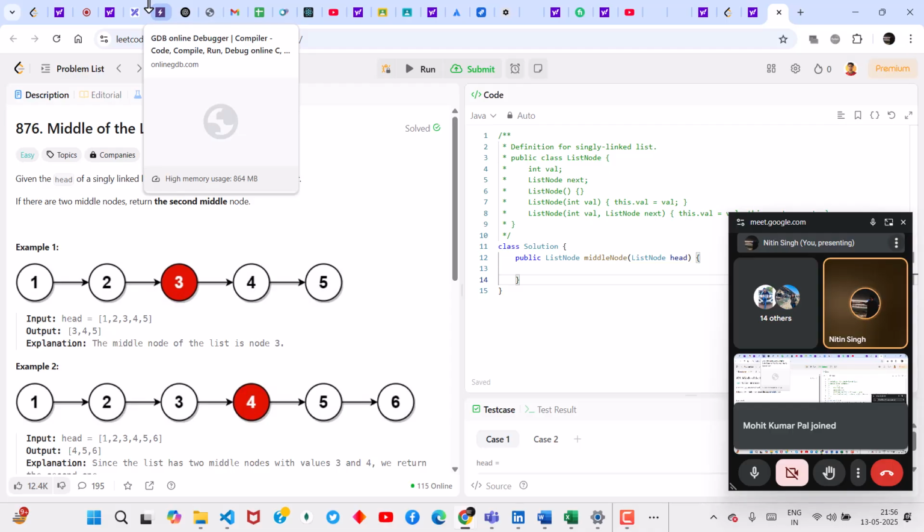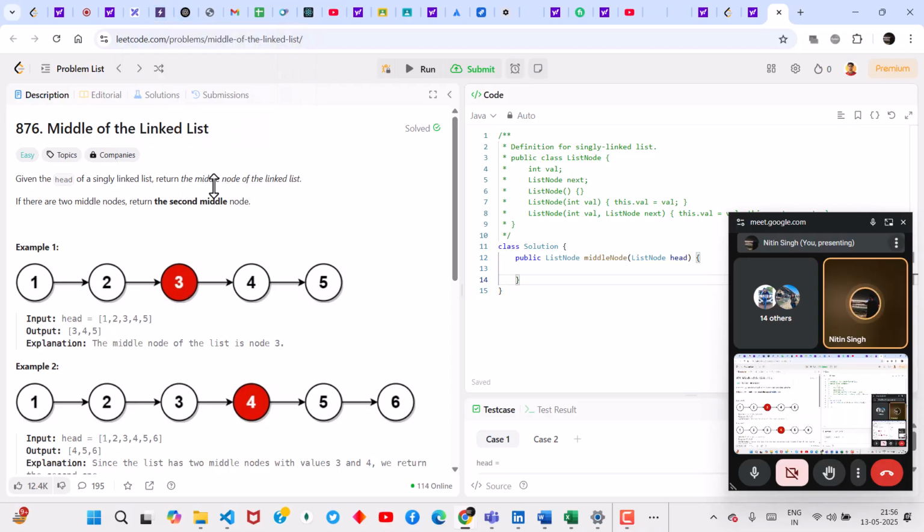Let's go with the approach which would end up taking more time. So I'm going with this 1, 2, 3, 4, 5.